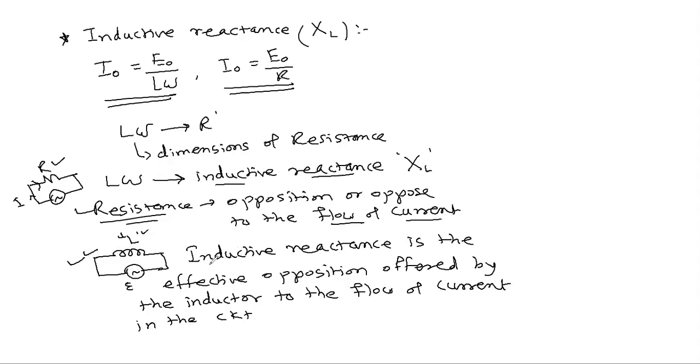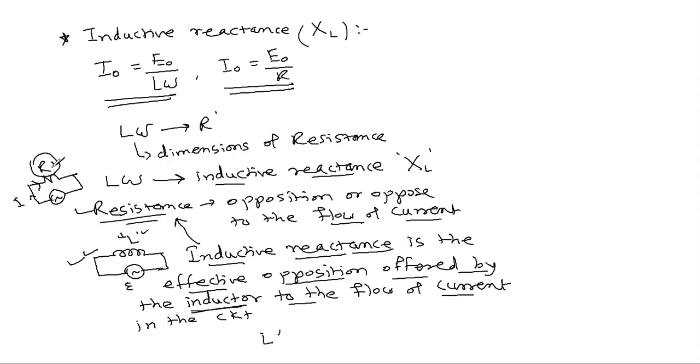That means inductive reactance is one sort of resistance, the effective opposition offered by the inductor to the flow of current. Inductor is also opposing the flow of current, and resistance is also opposing the flow of current.